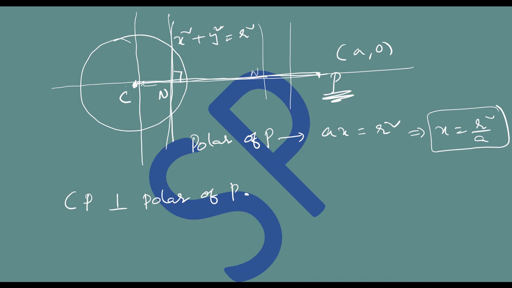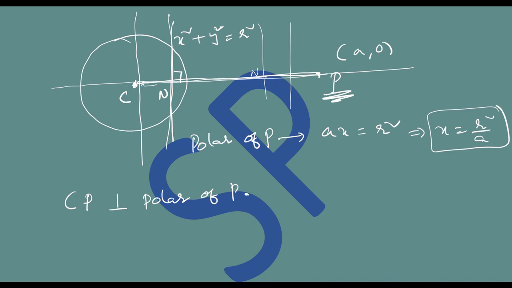CN is the distance from the center to the line. If it is equal to the radius, it is tangent. If it is more than the radius, it is disjoint from the circle. If it is less than the radius, then it is intersecting the circle. So here I am going to show that CN is less than r.